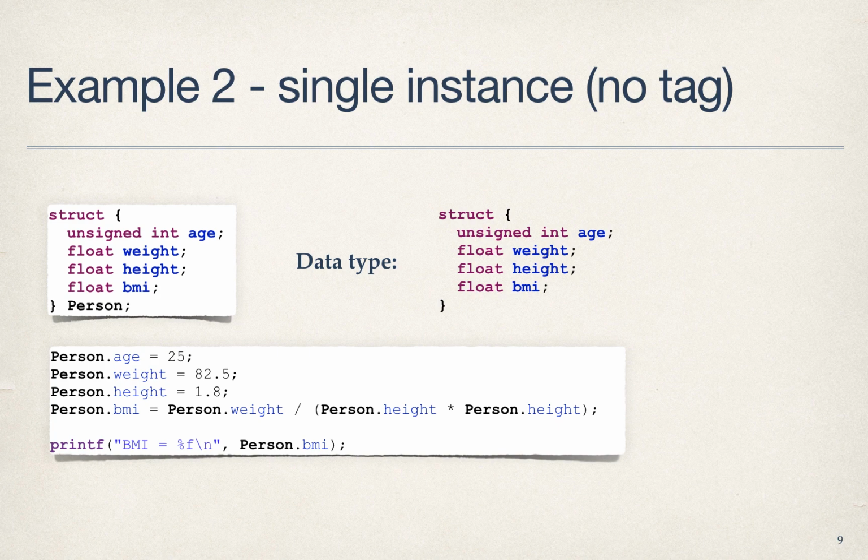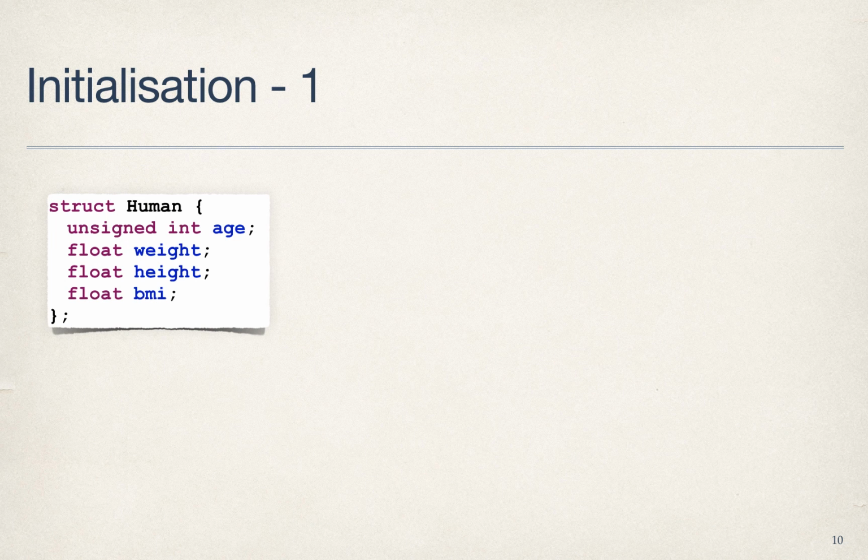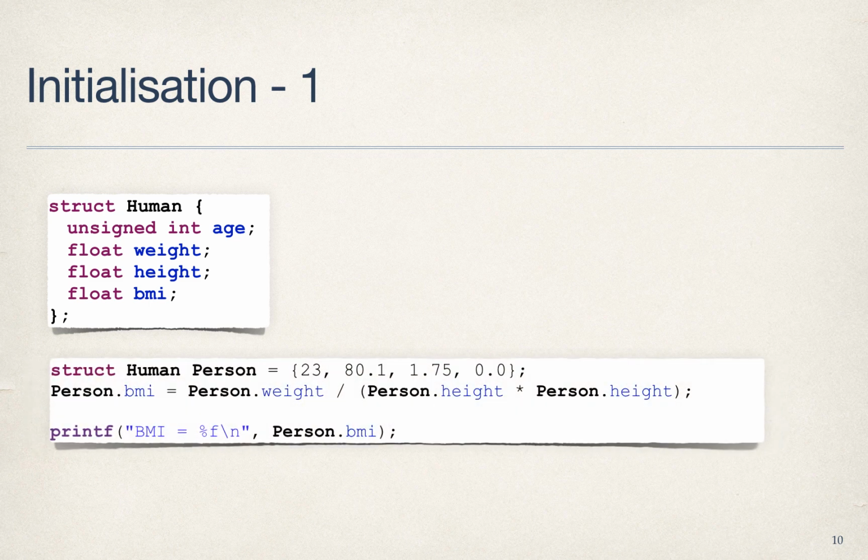Now, one of the most common errors in programming is forgetting to initialize variables. So let's look at ways we initialize structures, because until we've initialized them, we can't really do much. So here's the structure. The tag is human, so the data type is struct human. And we initialize it, or this is one way of doing it, with the curly bracket.